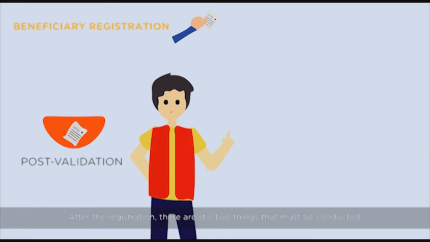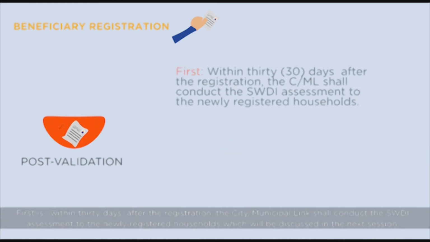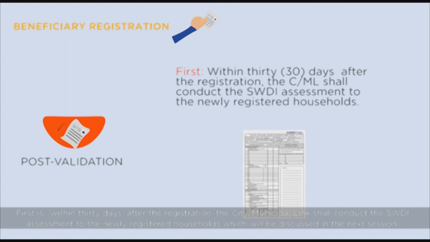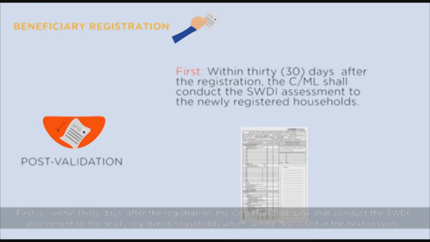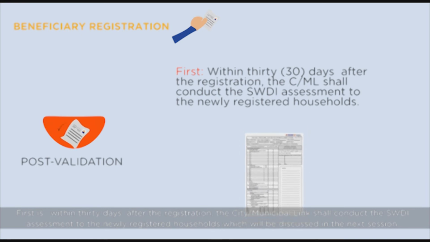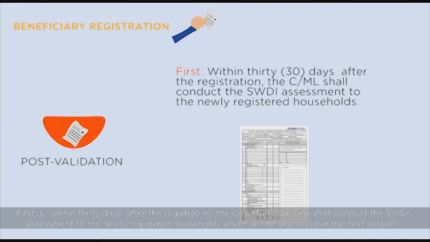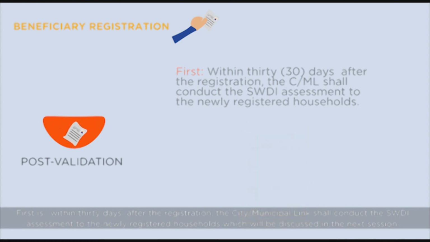After the registration, there are still two things that must be conducted. First is, within 30 days after the registration, the City Municipal Link shall conduct the SWIDI assessment to the newly registered households, which will be discussed in the next session.